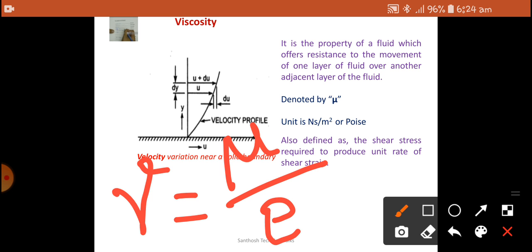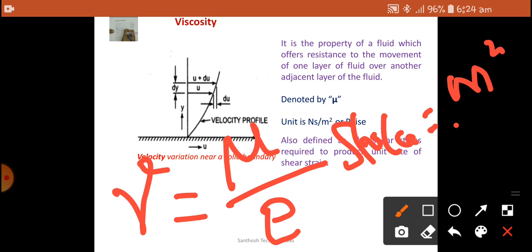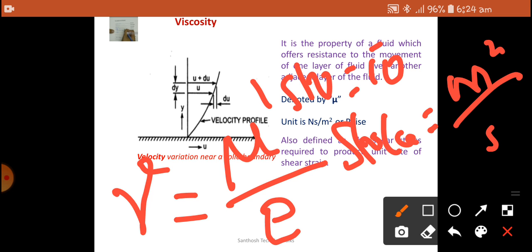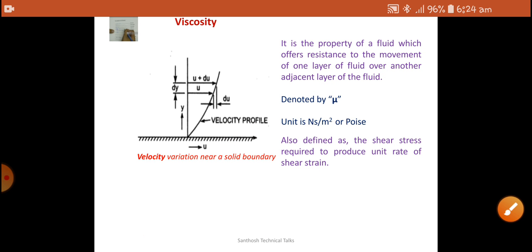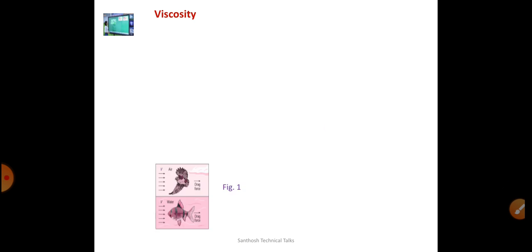It is given in Stokes, or meter square per second. 1 Stoke is equal to 10 power minus 4 meter square per second. So this you have to understand. And this viscosity is also called the coefficient of viscosity, actual viscosity, dynamic viscosity, like that. We have different names, so you have to understand better.